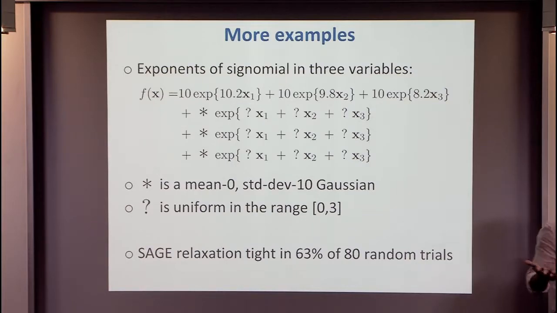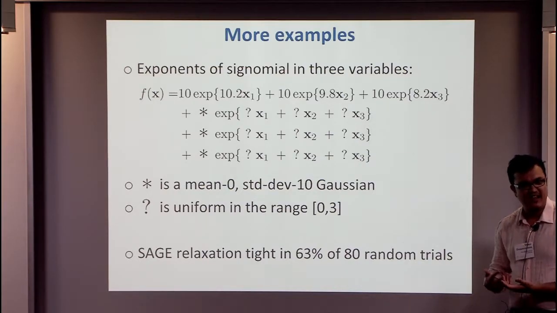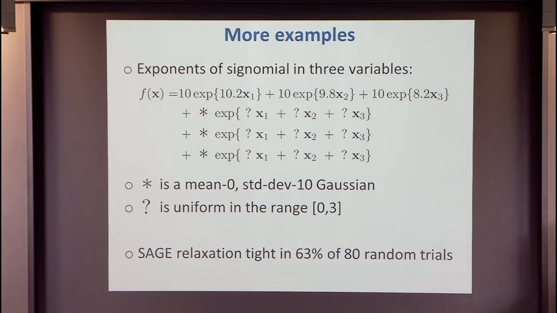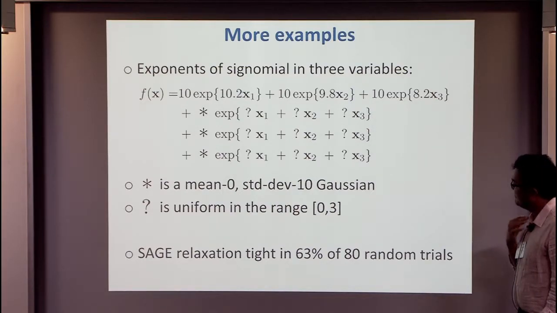If you don't have signomials that are bounded below, and you have a framework to produce lower bounds, and you get negative infinity, you actually have no idea if your framework is somehow failing or if the signomial itself is unbounded below. So this was an attempt to produce a family of signomials that are hopefully bounded below.